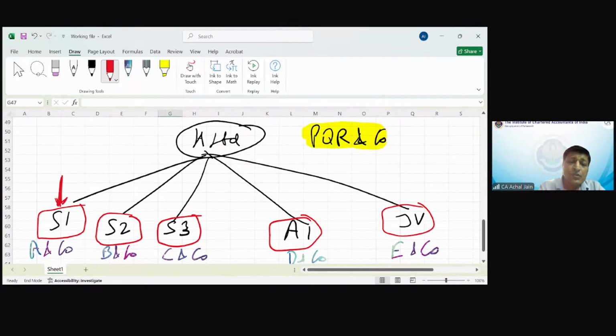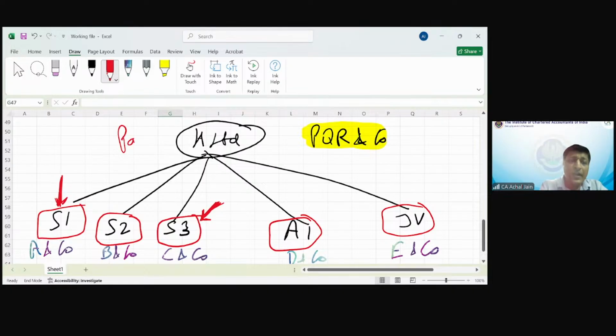S3 may be a very small company. Correct? S3 may be a very small company, again, as far as the size of the group is concerned. So in the first place, the auditor needs to evaluate all the entities within the group.